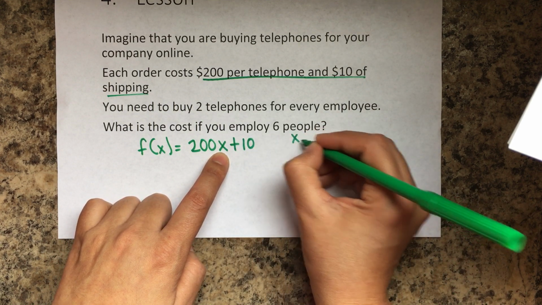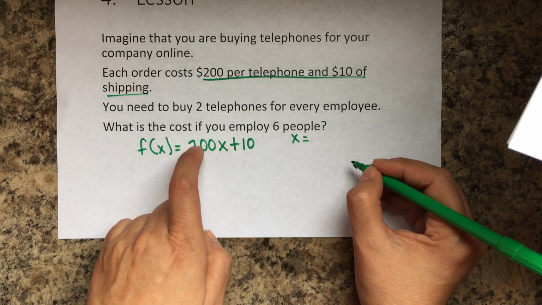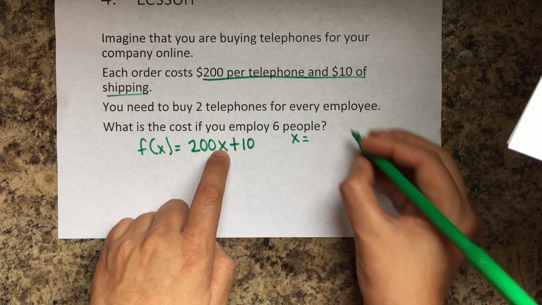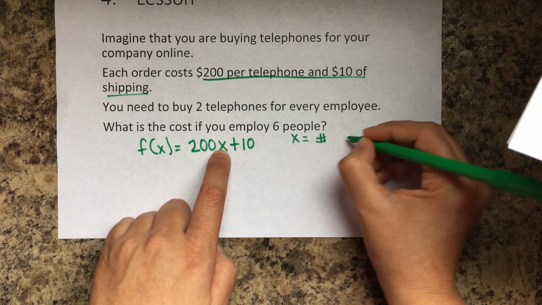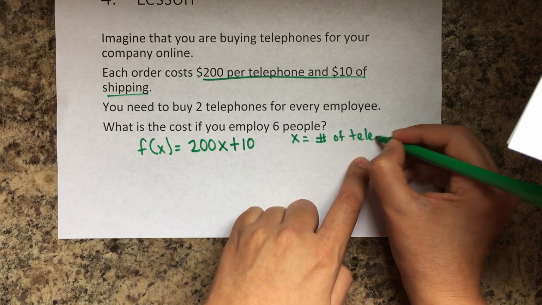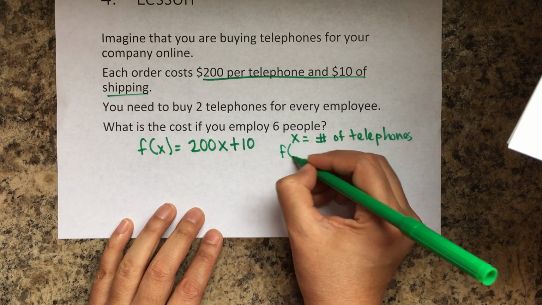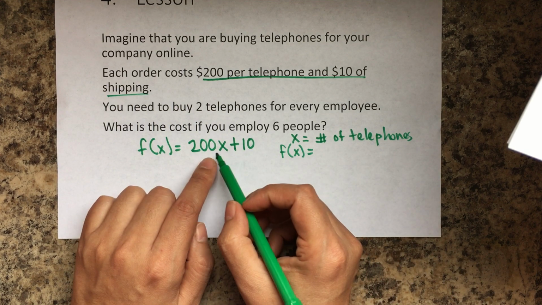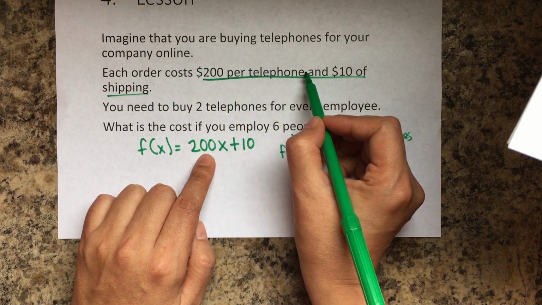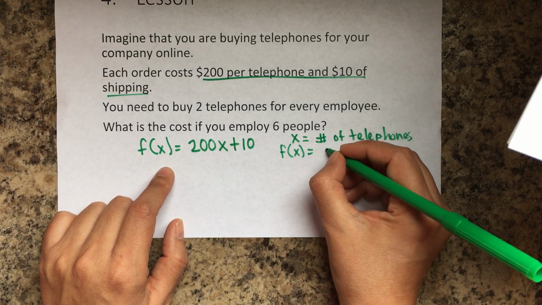What is the x representing here? As you notice, when I said 200 per telephone, that means the number of telephones I'm going to buy. And what does the f of x represent? It refers to the 200 per telephone and the $10 shipping, which means the total cost.